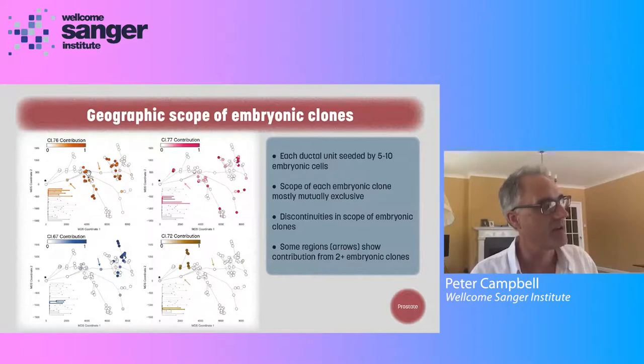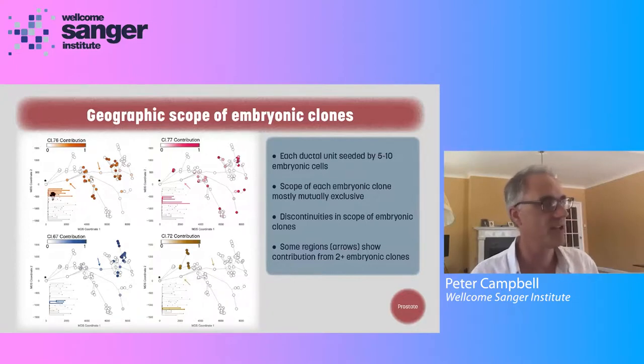And then what we've done is we've colored the microdissections by whether they carry a particular cluster of mutations. The intensity of the color represents what fraction of cells carry that set of mutations. So when we look at the embryonic clones, the ones you'll remember that occur really early on, here in this particular ductal unit are all of the different embryonic cells.